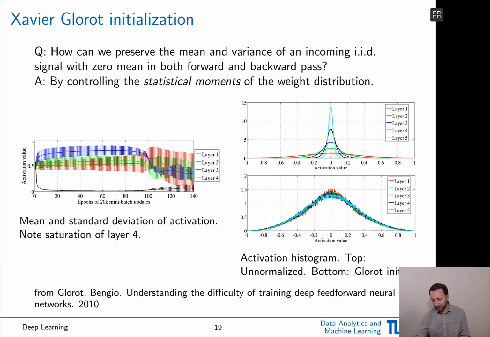And you see here now that the activation values in these different layers all still have the same shape as the input signal, with 0 mean and unit variance, and also for the later layers we still have some variation in the signal. So this is essentially the goal of our initialization. If we don't do this, we end up here. If we do this clever initialization, we end up here. Okay, good. So how can we do this now?